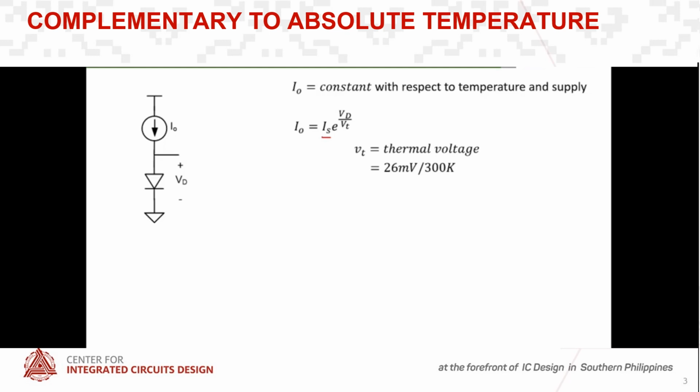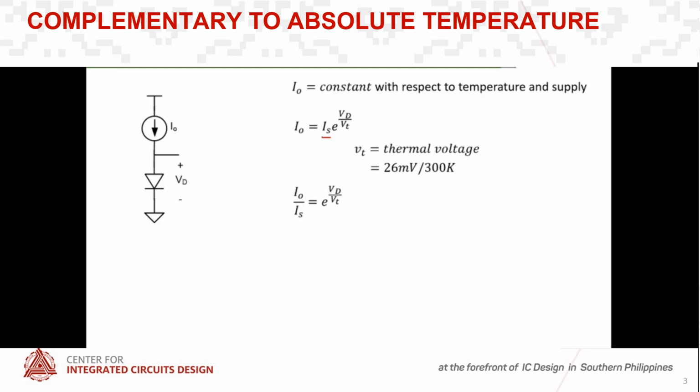Simplifying this equation, we can get the ratio of the current over the saturation current and solve for the voltage of the diode. Here we just transpose the values of IO over IS, and what we have left is e raised to VD over VT.